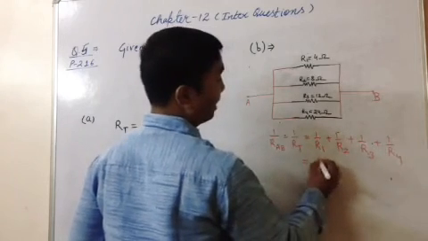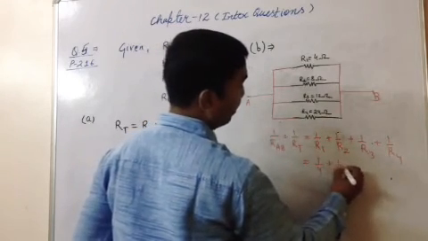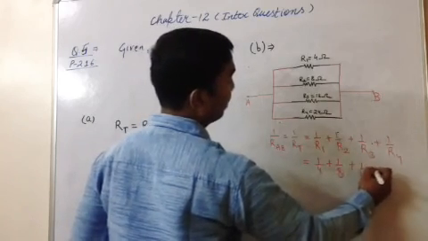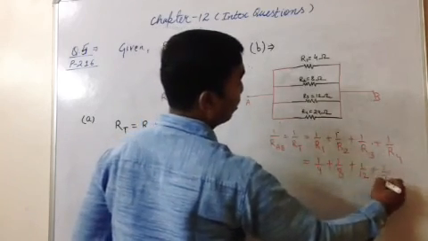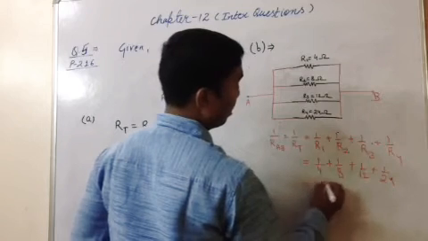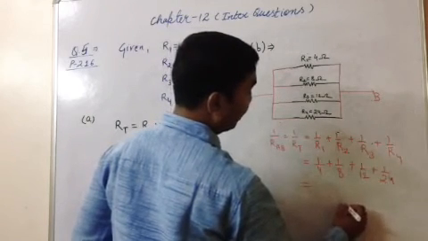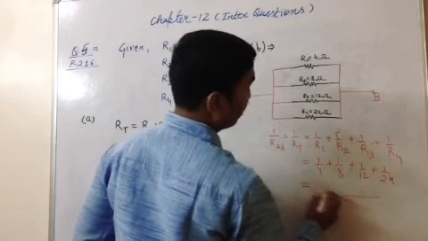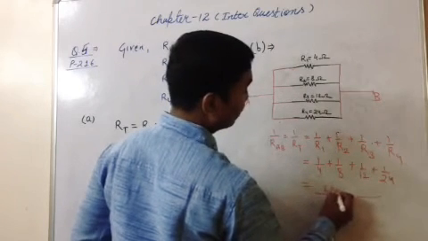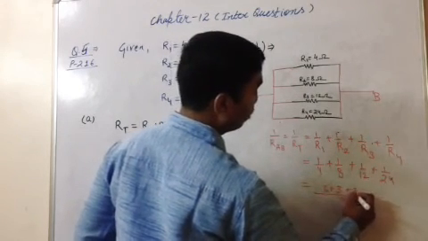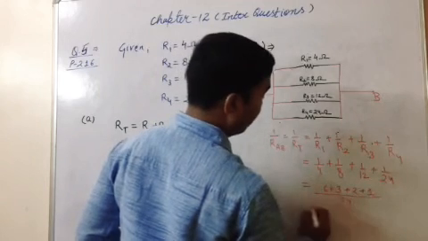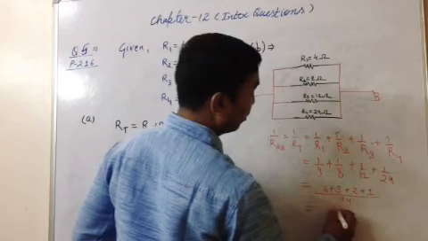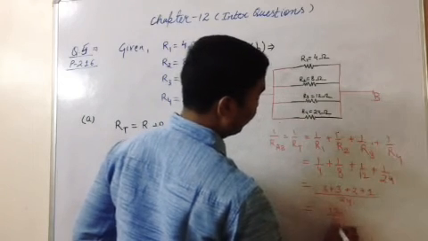So we add 1 upon 4 plus 1 upon 8, 1 upon 12 and 1 upon 24. On adding this, what is the LCM? 24 is the LCM. So this would become 6, 3, 2 and 1. Finally this becomes 6 plus 3 plus 2 plus 1, which is 12, so this becomes 12 upon 24.